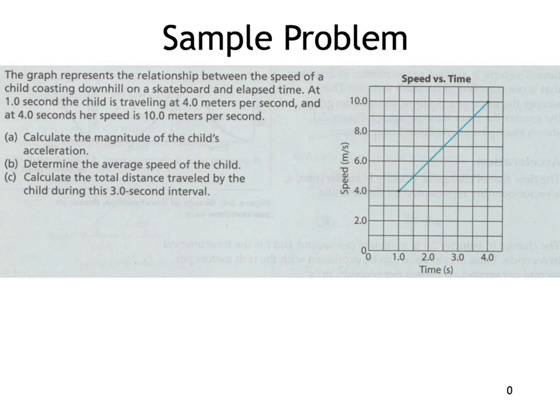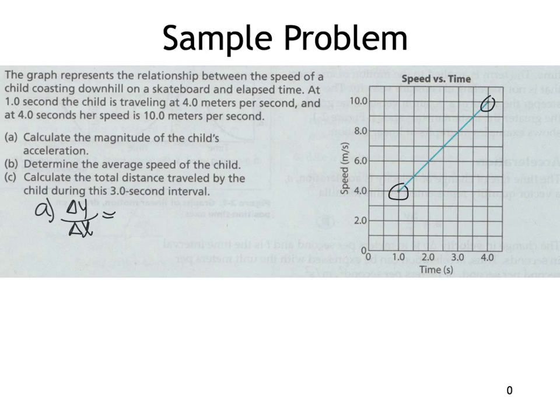I'm going to use that for part A of the question, which says calculate the magnitude of the child's acceleration. The easiest thing for me to do is just find the slope of that graph. Since this motion is uniform, it doesn't really matter which points on the line I choose, but I'm going to stay consistent, and I'm going to go with the ones that have already been plotted.